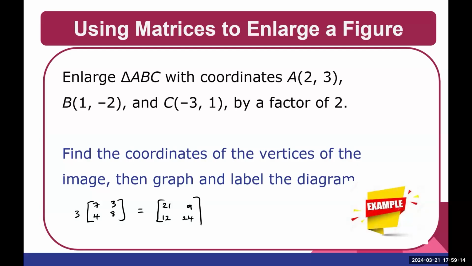All right, so back to this triangle ABC, and we have the coordinates. What we want to do is put these coordinates in vertex form. When you put them in vertex form, what do we get? 2, -1 and -3 on the top row, then 3, -2 and 1.